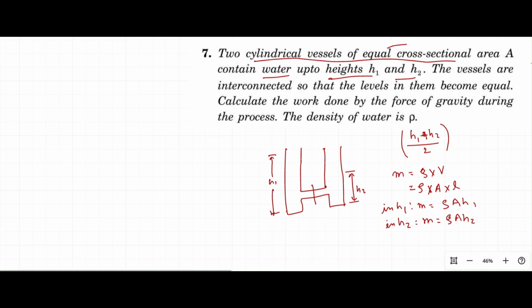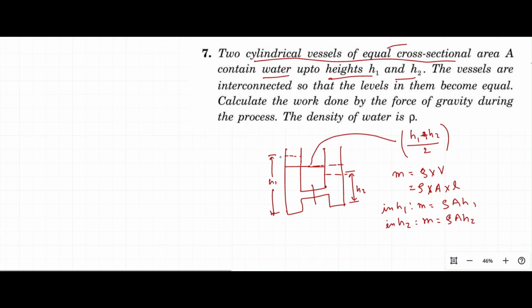So if the water which was in the H1 column reaches this point, and this point is (H1 plus H2) by 2, then it means that it has descended to this height. So what is this height?